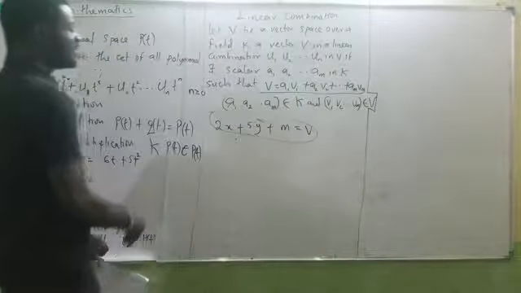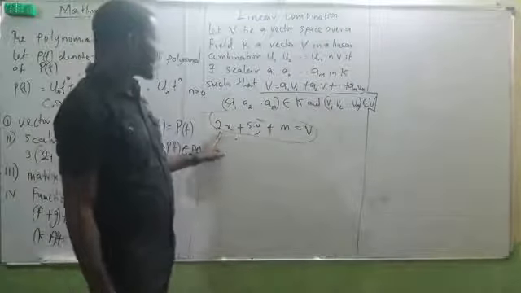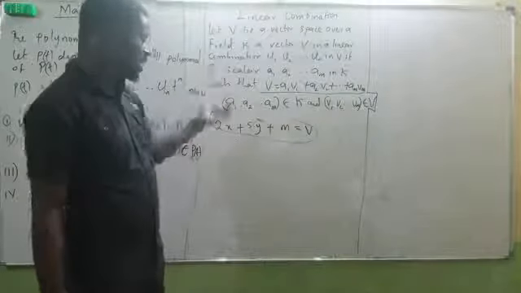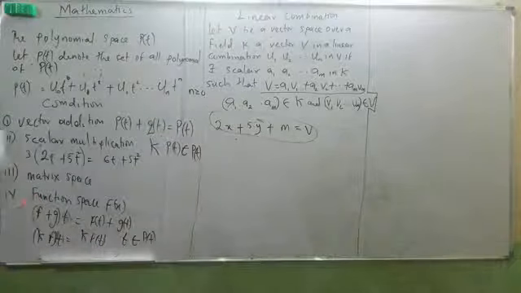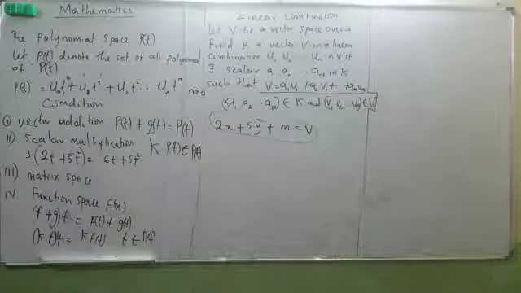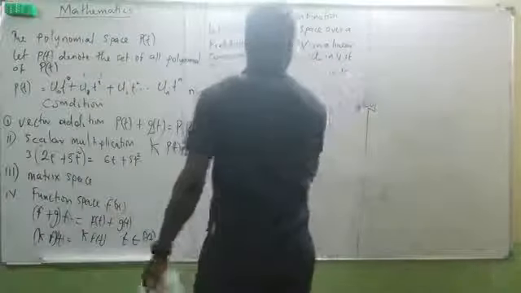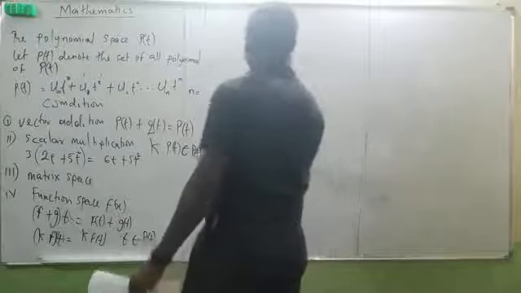Take note of that very well. Number one, this can be A, this can be V, depending on what I declare in the given problem. I think you can understand what is called linear combination now. Let me try to explain it with an example for better understanding.